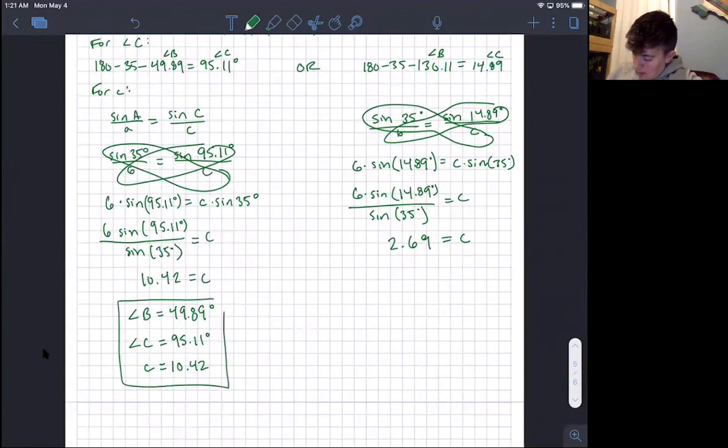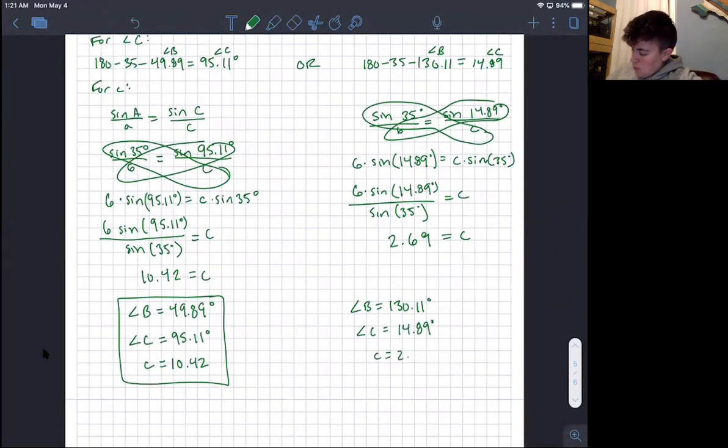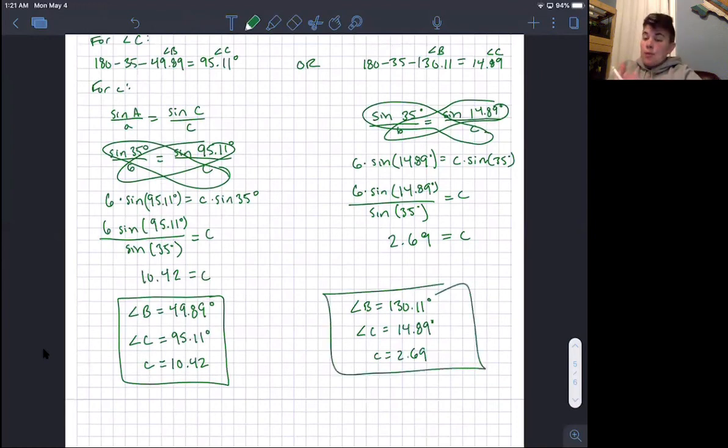So we're just going to leave it like that. That's my bad. I should have given you some units. So here, angle B was 130.11. Angle C is 14.89 degrees. Degrees, don't forget degrees. Those are units. And then C is 2.69. Make sure you keep those together. Don't mix up and put one C with the other C. That would be really bad.